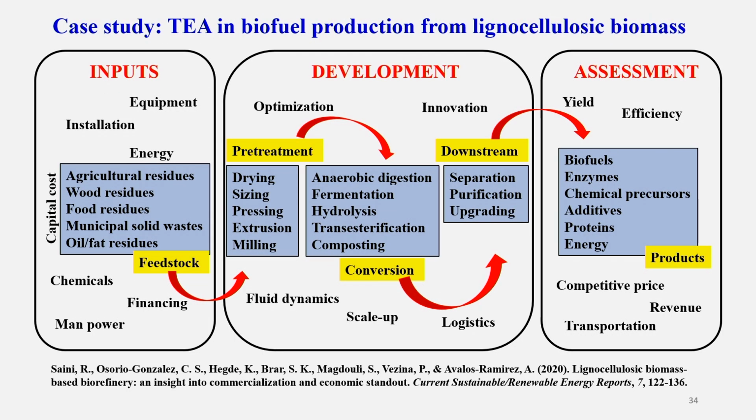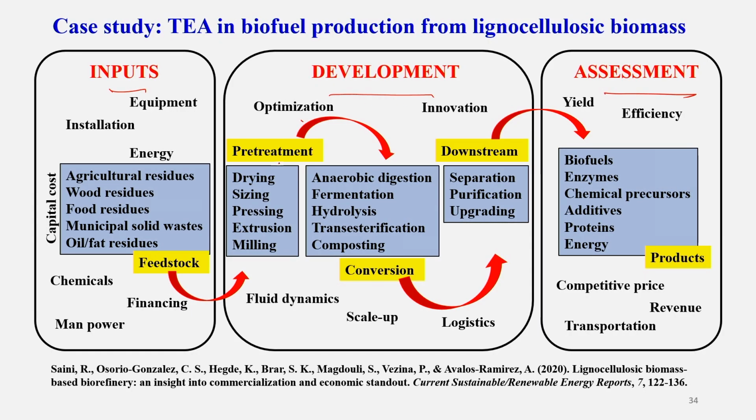So, for example, you just see production of biofuel from lignocellulosic biomass. These are the inputs, the development stage and the assessment stage. In input you may have equipment, installation, energy, feedstock, chemicals, financing, manpower. In development you see optimization as well as the innovation part.